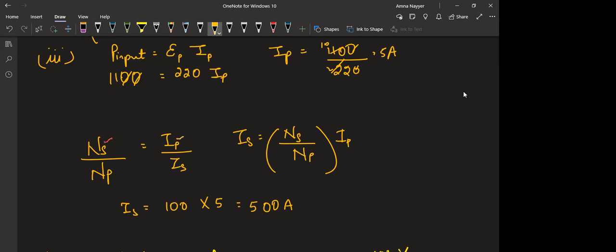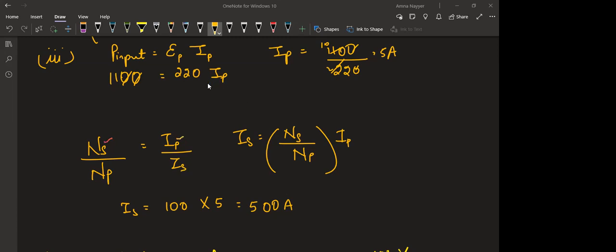Yes, Asta, say. Ma'am, one more doubt. It's NS by NP is equal to IP by IS. So when you want to find IS, it will be IP times NP by NS. So that will become 1 by 100. Yes, right. So here we were finding IS.